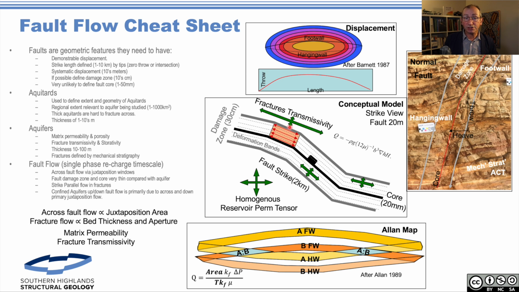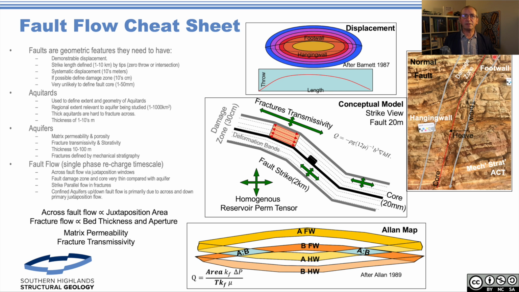I may have some reduction of flow across it. So I can start to have this little mental model about how flow is going to move around here and the dynamics of it. And if we're in this confined or semi-confined aquifer, it's all about this area of juxtaposition. It's the area of A versus B that's going to correlate the flow.